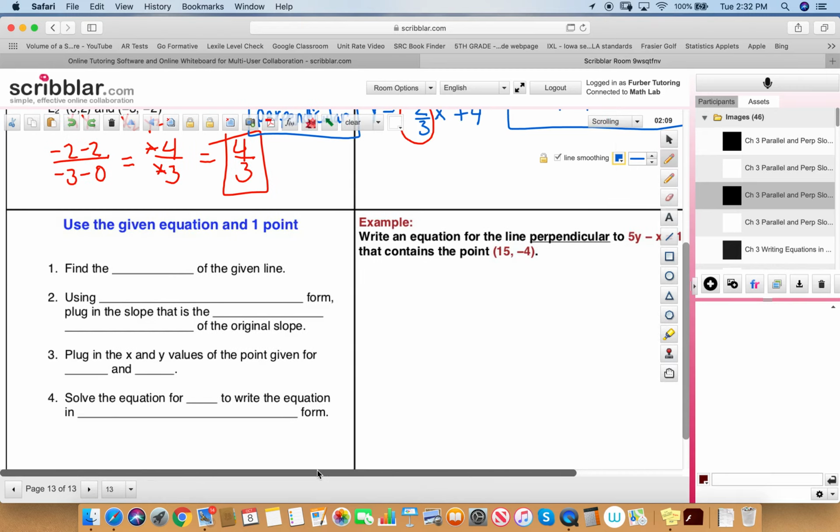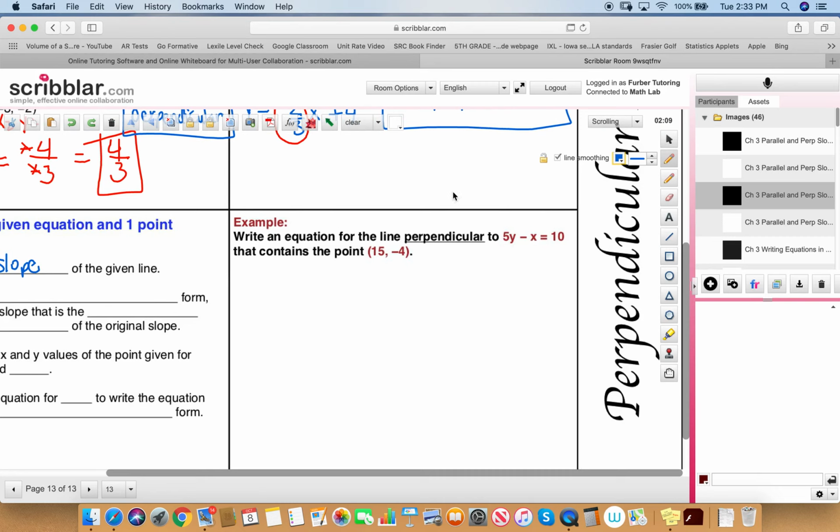Okay, so a lot of our steps are the same. We're going to just start out the same way we did before. We have to find the slope of the line that's already being given. So this one's not in slope-intercept form. So for me to be able to determine that, I'm going to have to do a little bit of work here. Add the x to both sides, and then divide by 5.